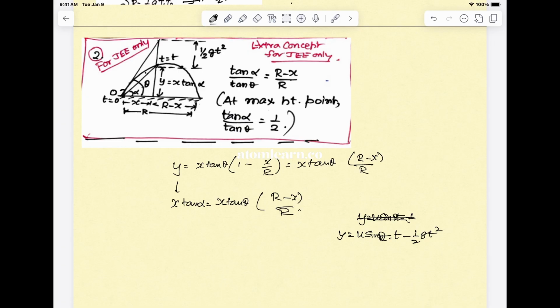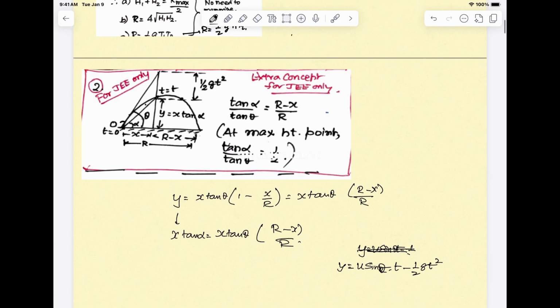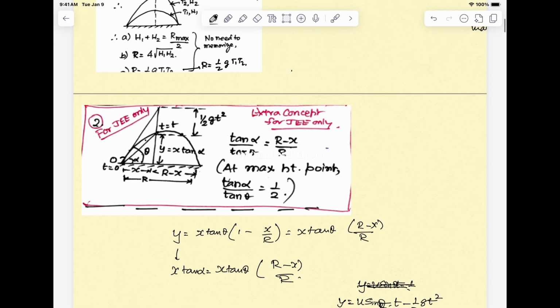Therefore, what is u sin theta t? u sin theta t is the full vertical displacement, then minus half g t squared. That means this is u sin theta t minus half g t squared at time t.